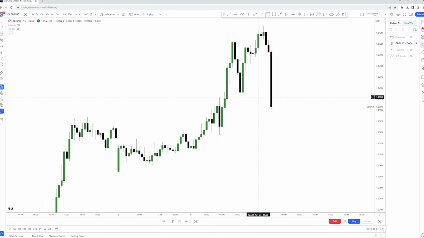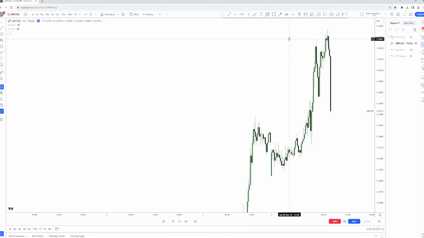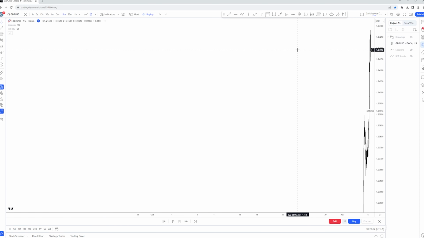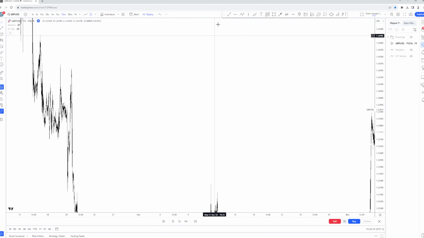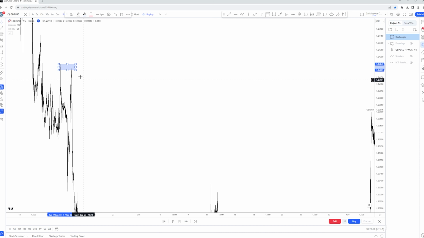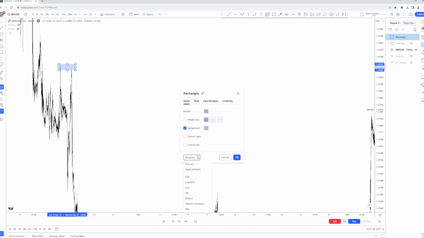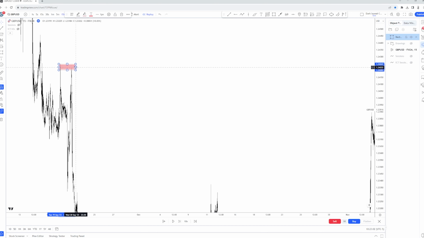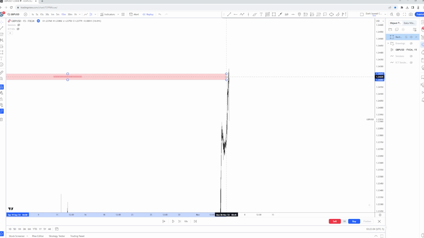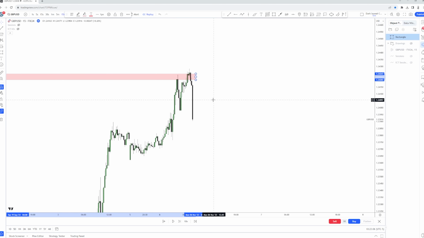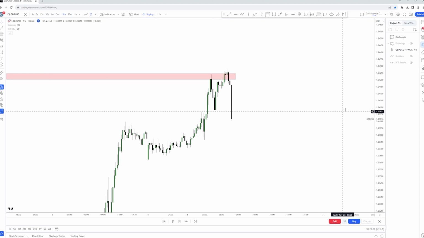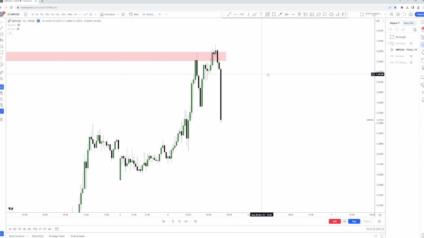So you have this movement, and then this movement, by the way, over here had grabbed liquidity from other time frames, because if you check above those areas right here, if I place my liquidity rectangle and extend it all the way to the right, you will see that we grabbed liquidity above this area. I am on the 15-minute time frame.